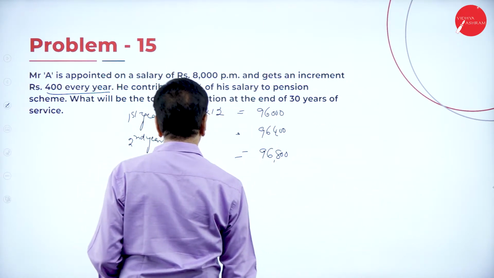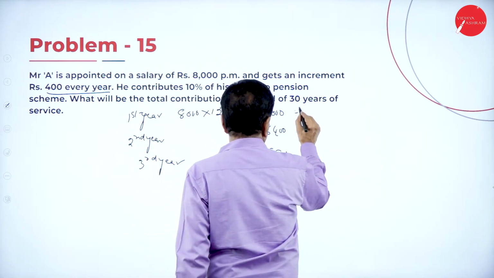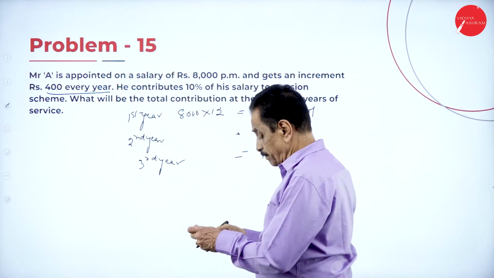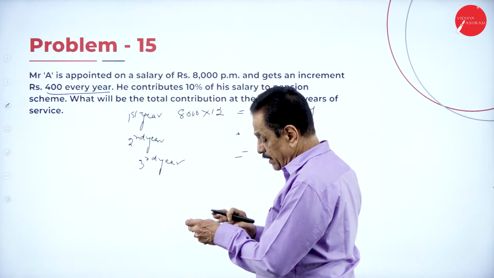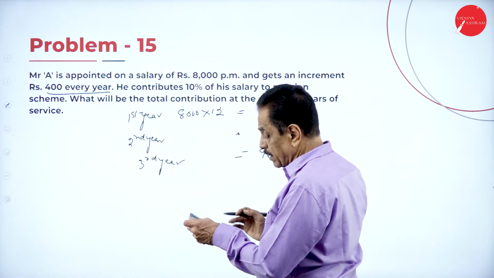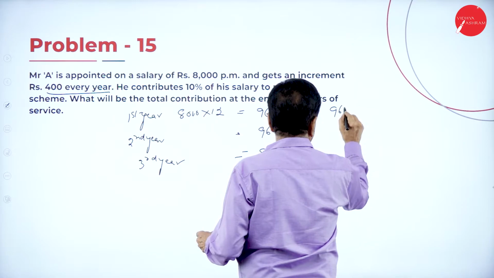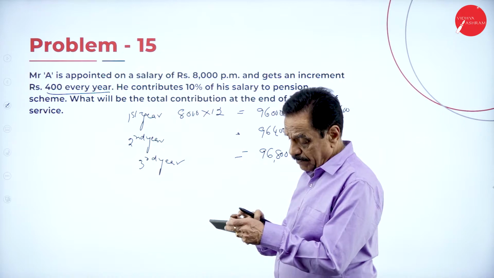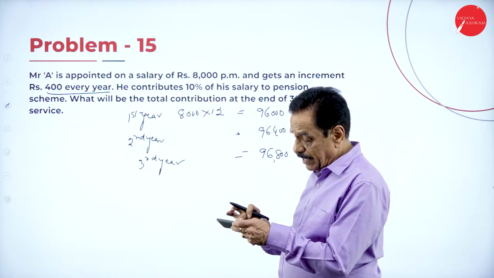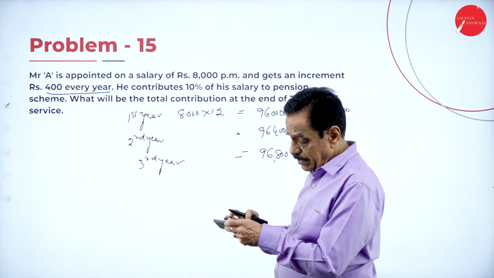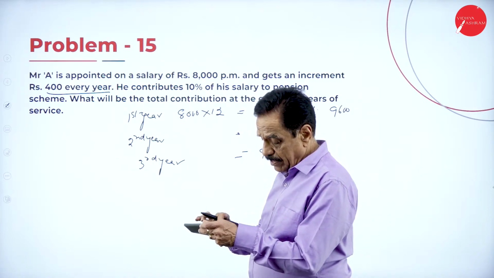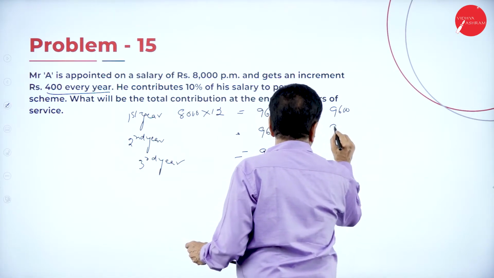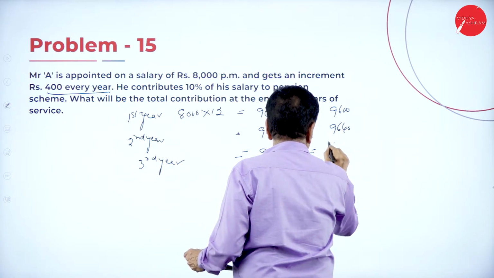10% of this. 96,000 into 10 divided by 100 is 9,600. 96,400 into 10 divided by 100 is 9,640. Then 9,680.